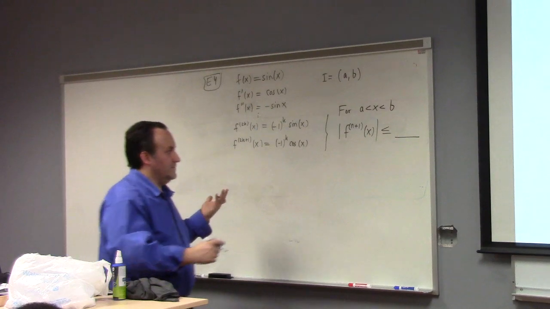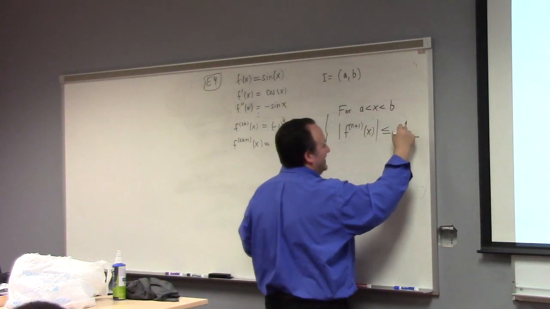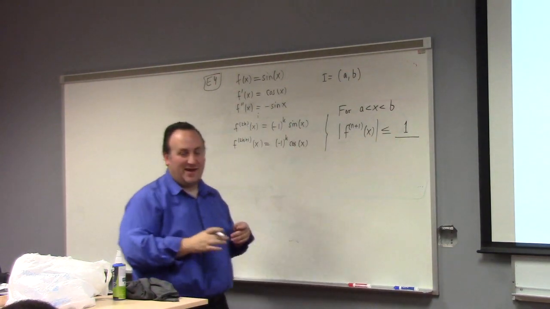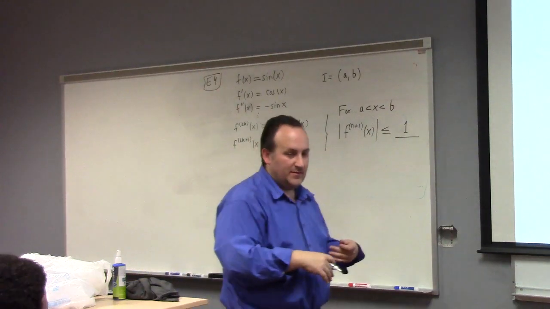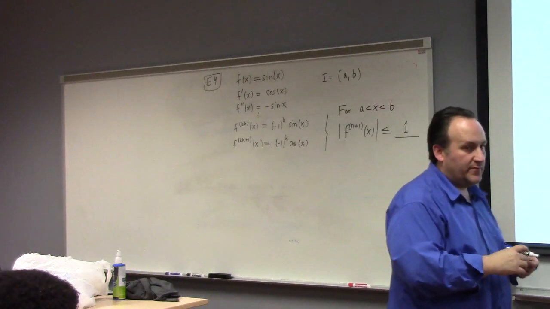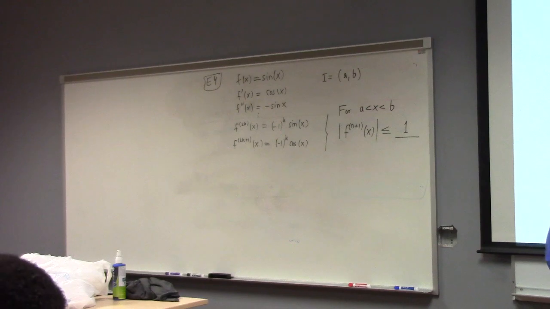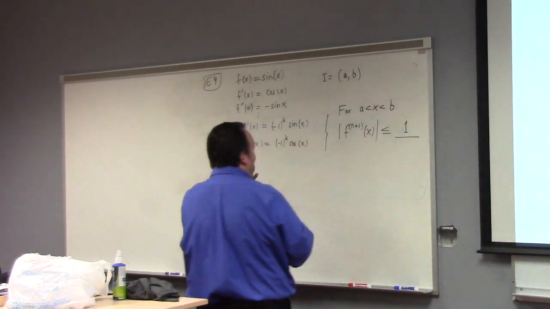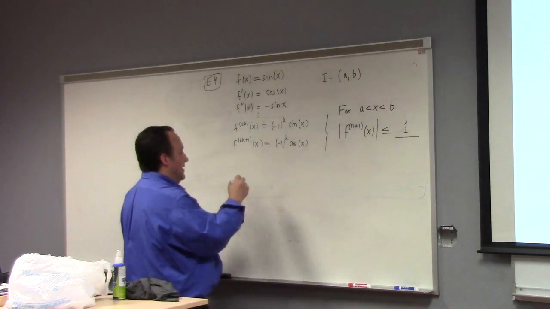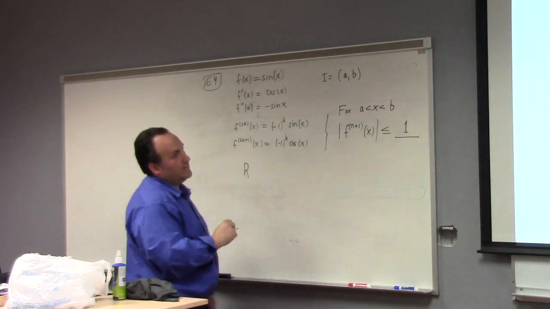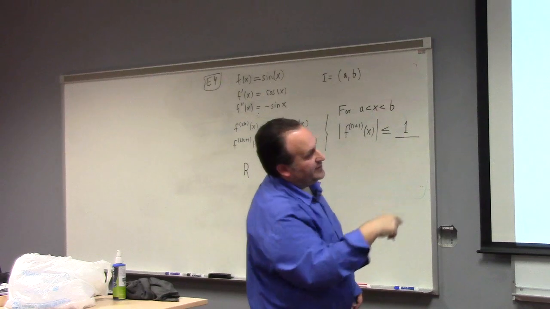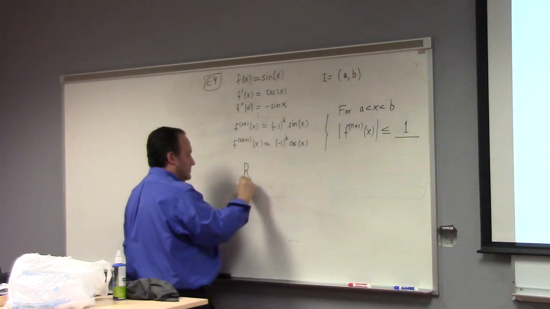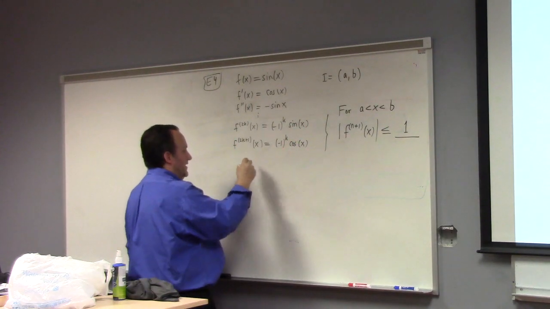So it's kind of anticlimactic, but the M for this problem would be 1. The M for another problem, oof, that requires thinking, all right? So then what does that say? It says that the nth remainder centered at, we'll say, x naught.